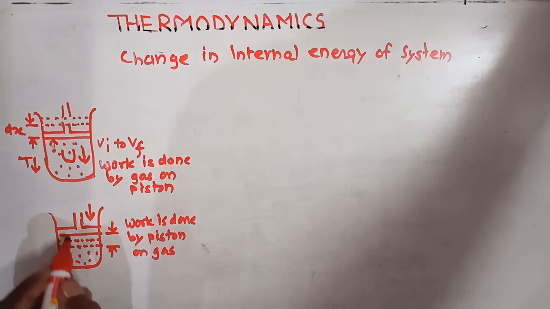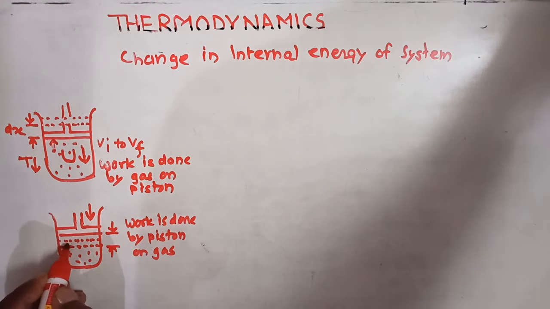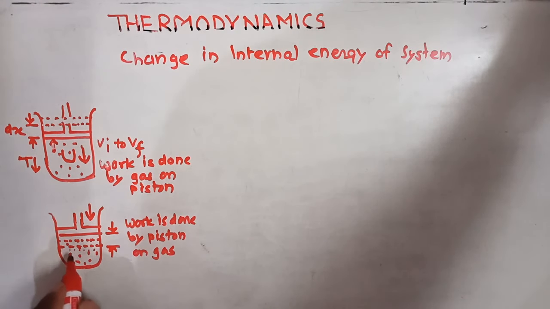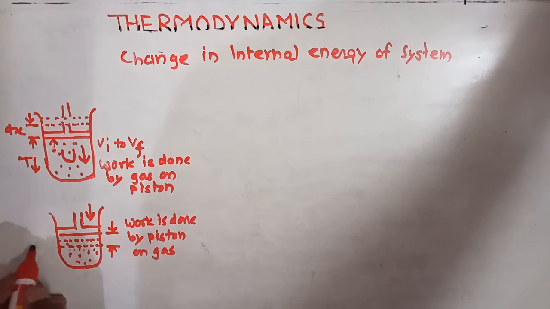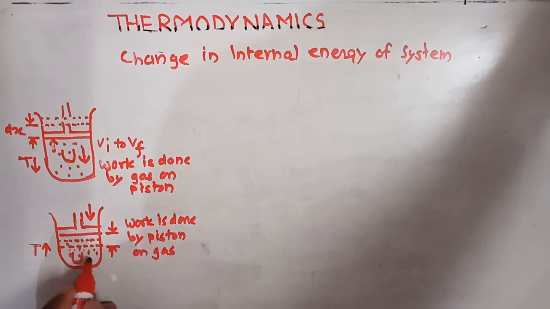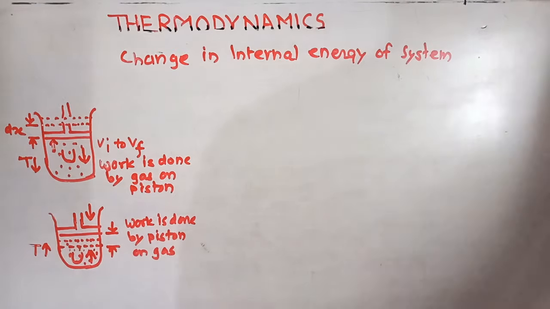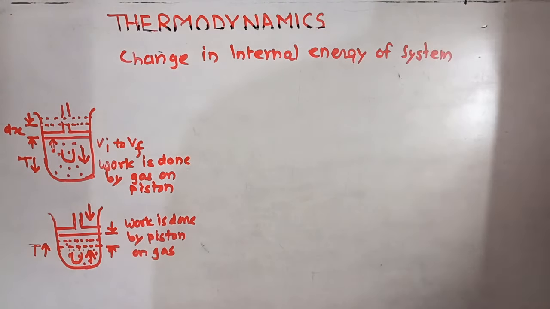In the second case, when this piston is moved in downward direction, the gas molecules gain momentum, and as the gas molecules gain momentum, they are moving with larger velocity. That's why their temperature is increased, and when their temperature is increased, there is an increase in internal energy.